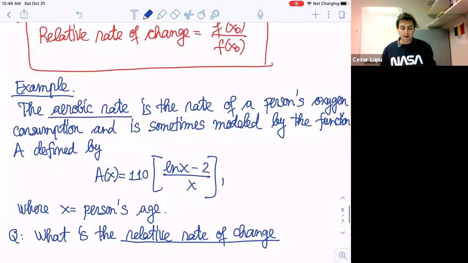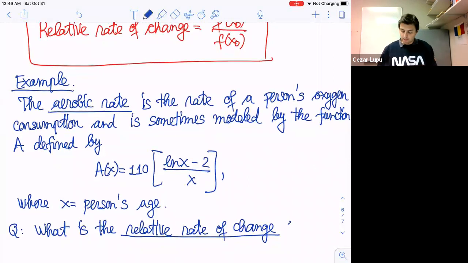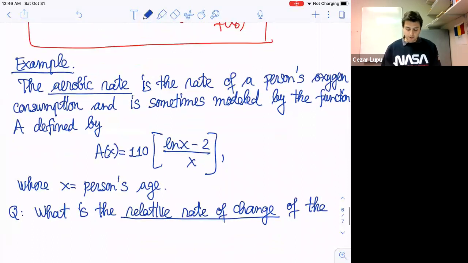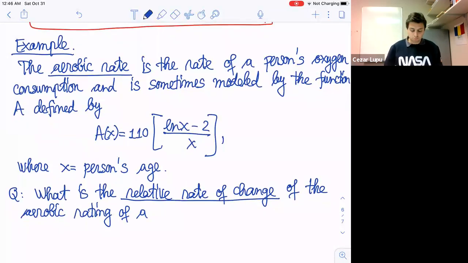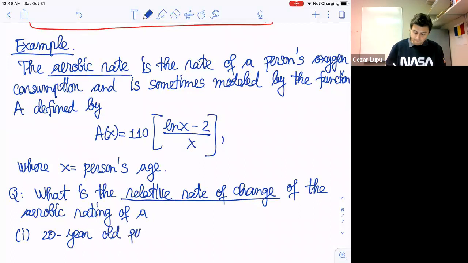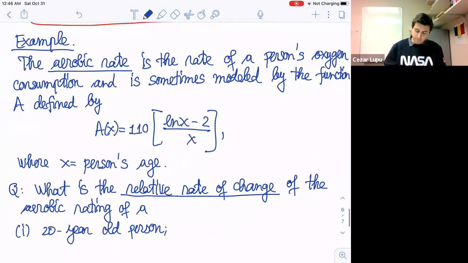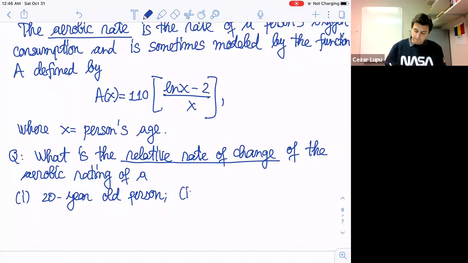So what is the relative rate of change of the aerobic rating of, let's say, part A, a 20-year-old person, and part B, a 50-year-old person.